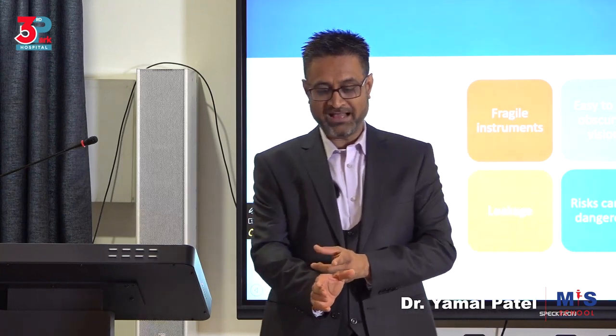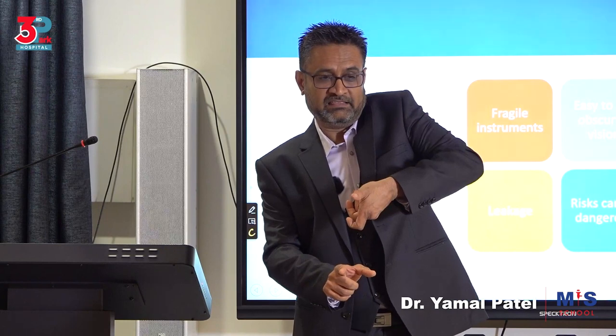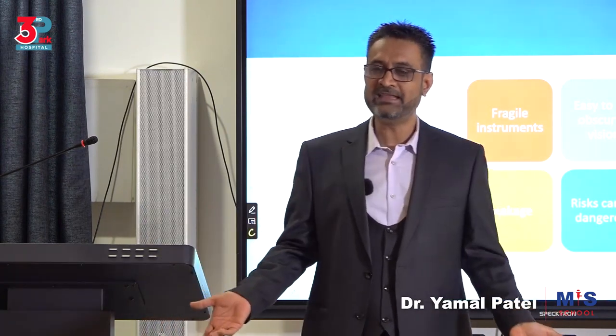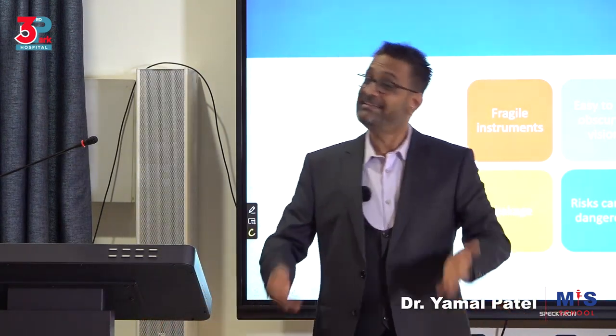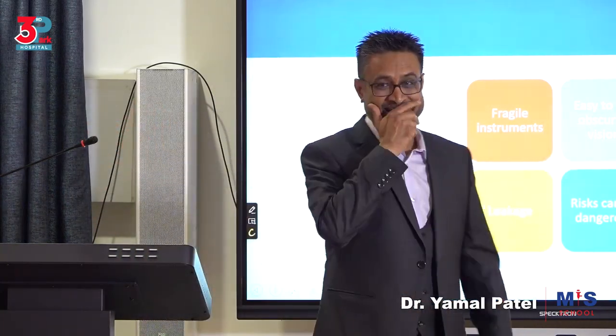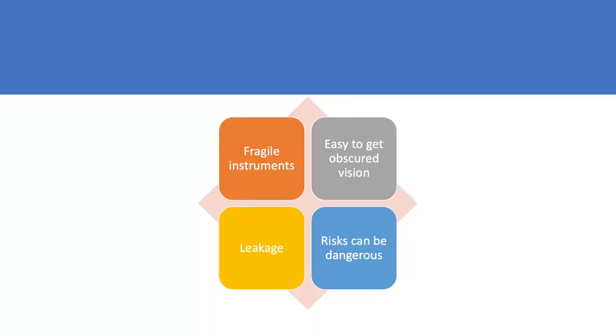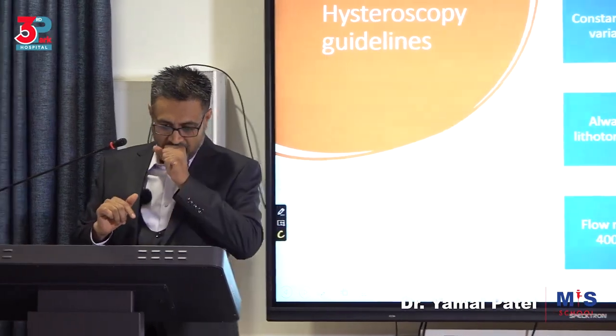When you're going in this way and then trying to hold the scissors that way, you're bending it, and it breaks immediately. In 10 minutes, I kid you not, that table broke one, and I'm like, now what are we to do? So be careful, they're fragile instruments. It's very easy to get an obscured vision because something can come in there. You have risks of leakage, etc. And the risks, I told you, can be very dangerous.